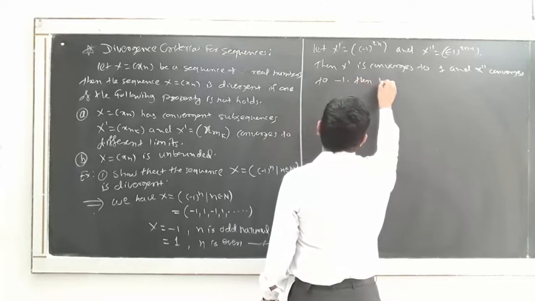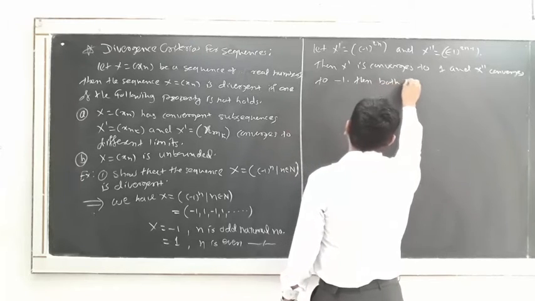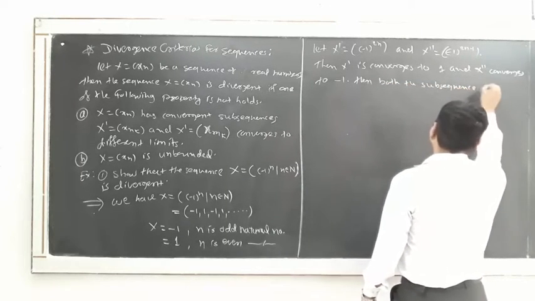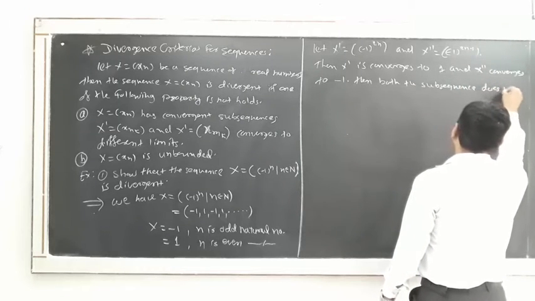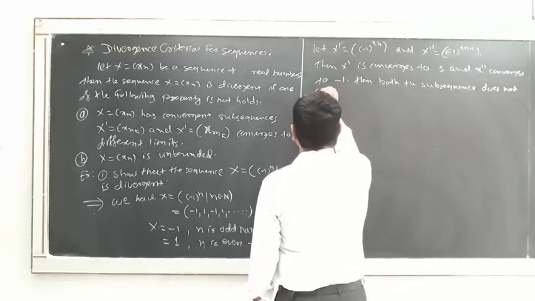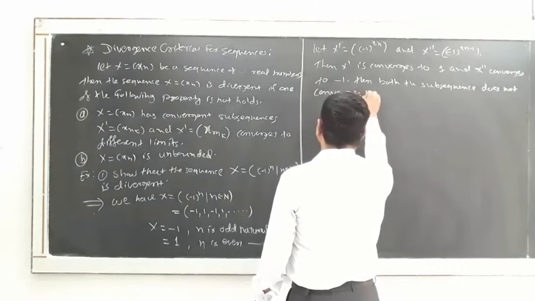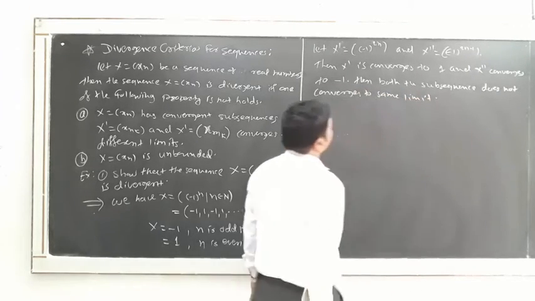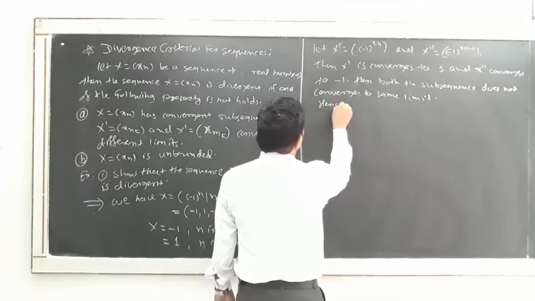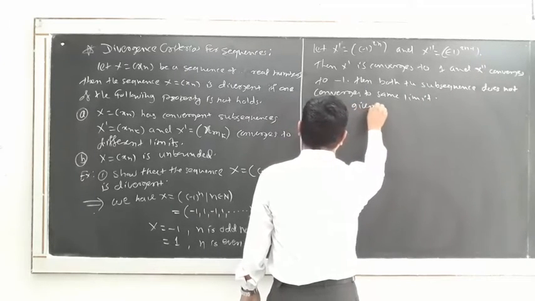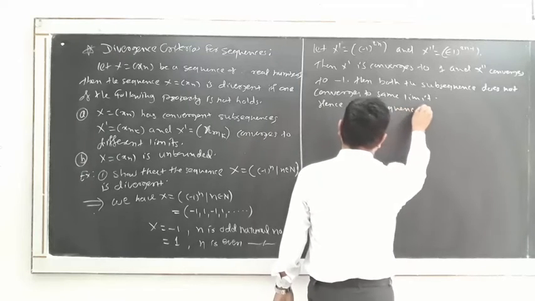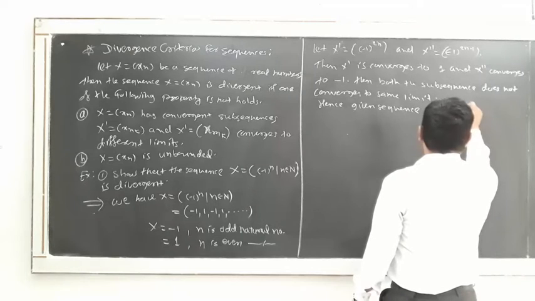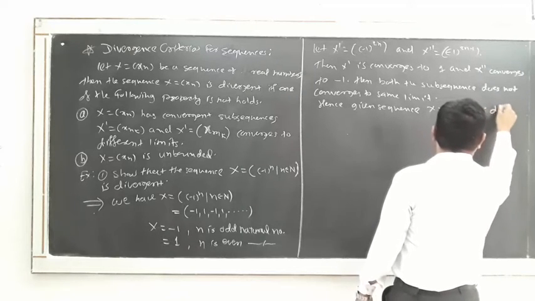Hence both subsequences do not converge to the same limit, that is, they converge to different limits. Hence the given sequence X = ((-1)^n) is divergent.